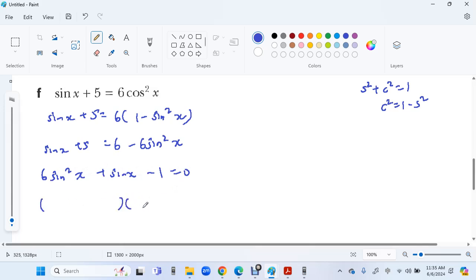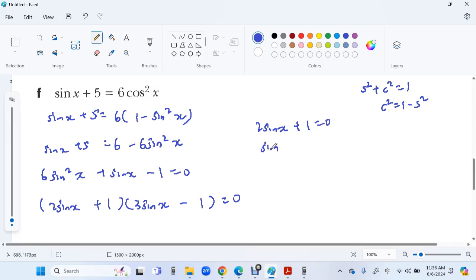Okay, and then we do the factorization. So 6, 1, 6, 2, 3. So middle is 1, then it's 2, 3. So we have the 2 sine x and the 3 sine x, 1, 1, plus 3 minus 1. Okay, so we have 2 sine x plus 1 equal to 0.